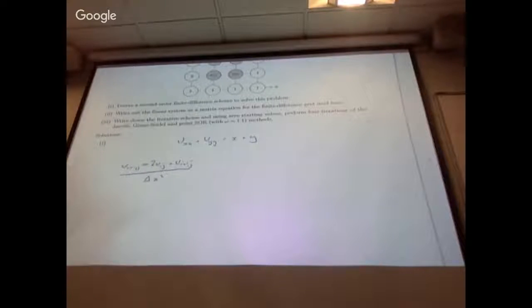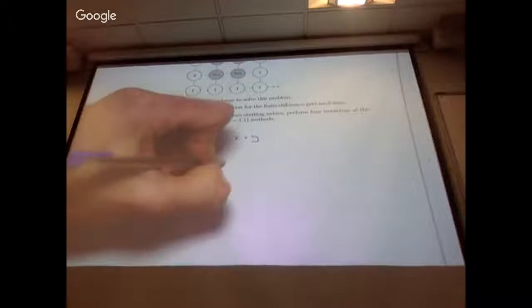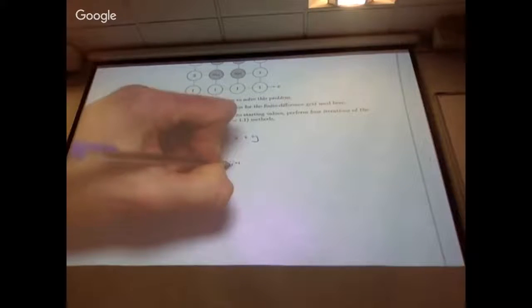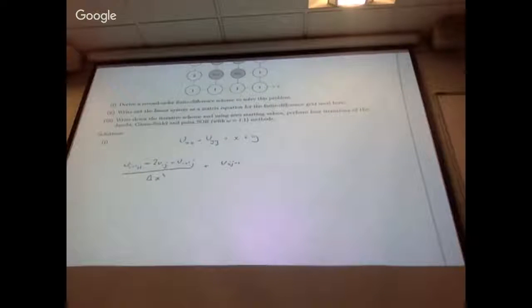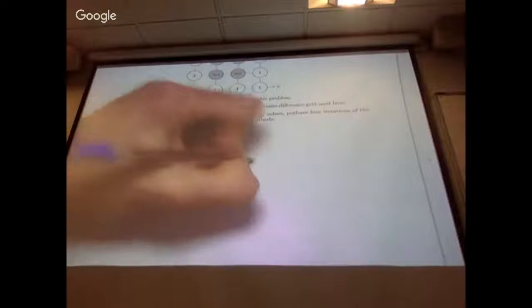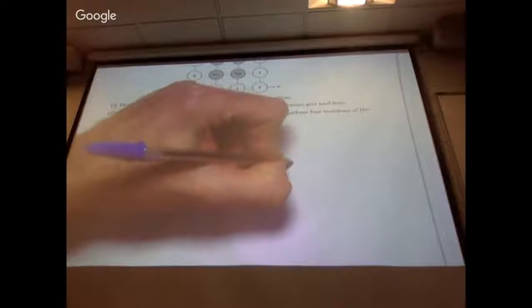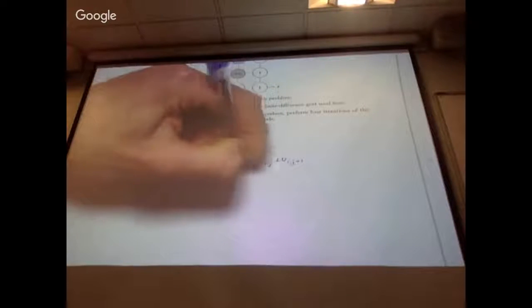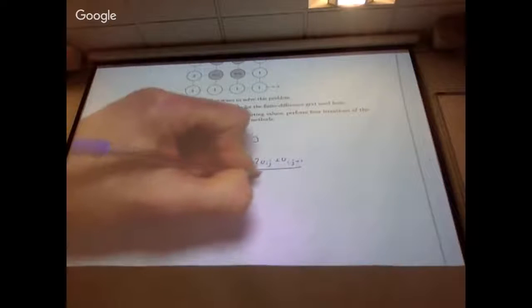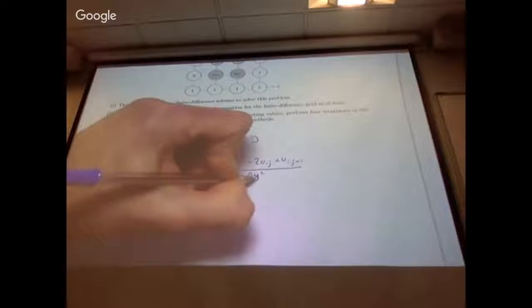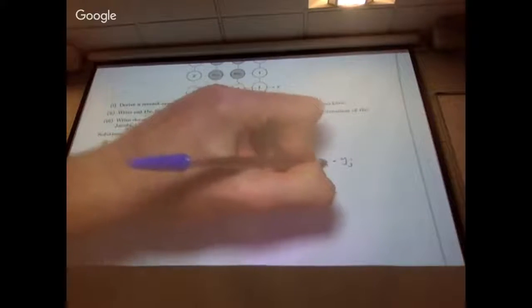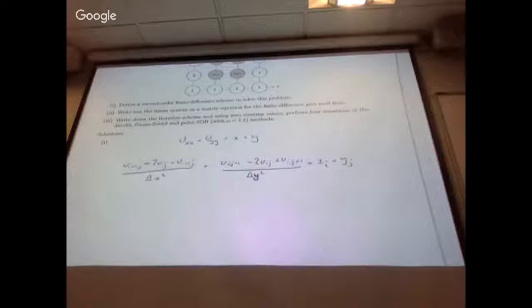Okay, and we do the same for the y derivative. So this time the i stays the same, and it's the j that we change. That's the y direction there.